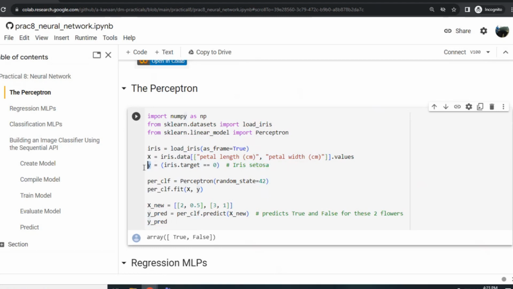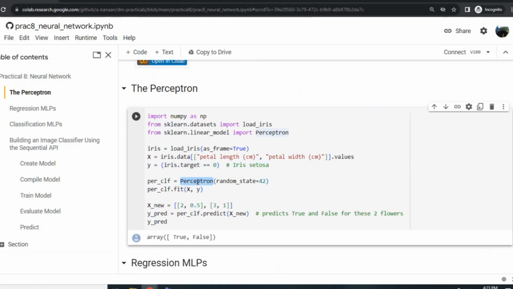Otherwise, it is false. So Y is going to be an array of true and false. True means the corresponding flower is setosa. False means not setosa. So it is binary classification with only 2 classes. Originally, the iris dataset is multi-class, but because of this line, it has become a binary classification problem.